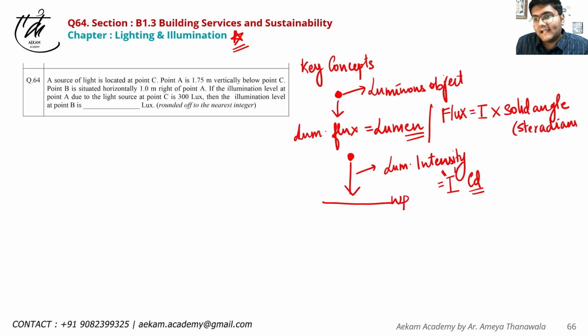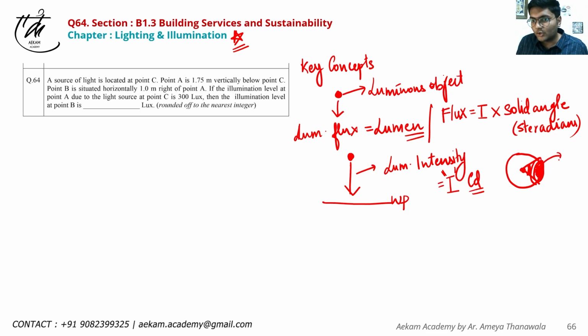is a 3-dimensional angle. For example, if this is a sphere, this is the point source. Suppose this is the 3-dimensional angle, if you can visualize this to be a sphere, and this would be the surface area of the sphere on which the angle is being projected to, right?